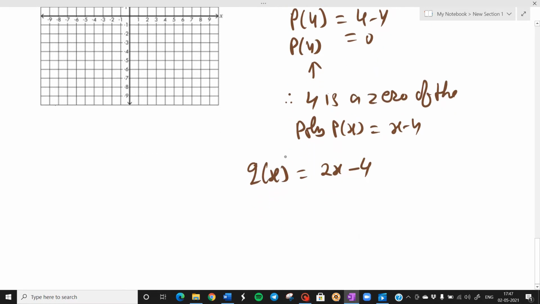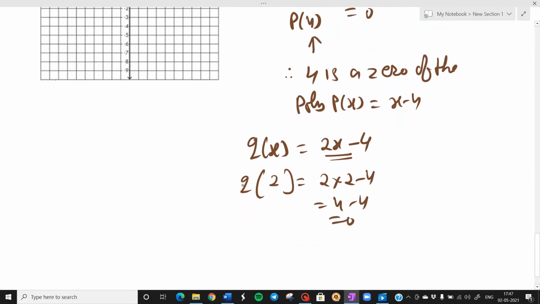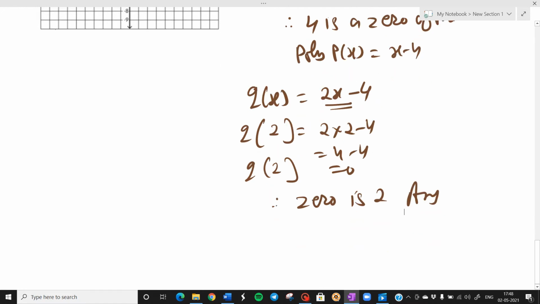What should be the value of x here so that the value of the whole polynomial becomes 0? X की क्या value लें कि इस पूरे की value 0 आ जाए? I am taking here 2. So putting x equal to 2, 2 into 2 minus 4, 4 minus 4, that is 0. So I can say the value of the polynomial q at x is equal to 2 is 0. Therefore, 2 is the answer.